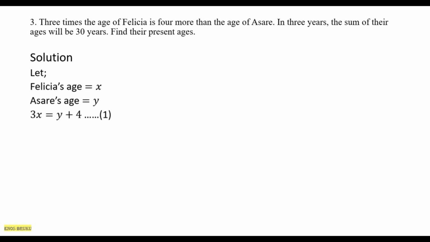Okay, so now from the question, the first part was saying 3 times the age of Felicia. So we said Felicia's age is x.